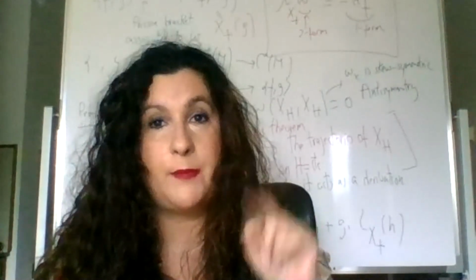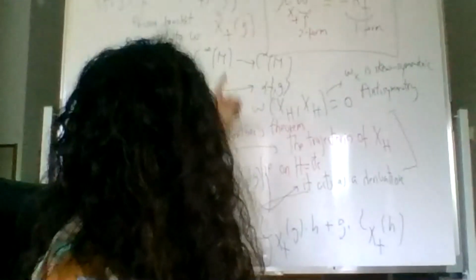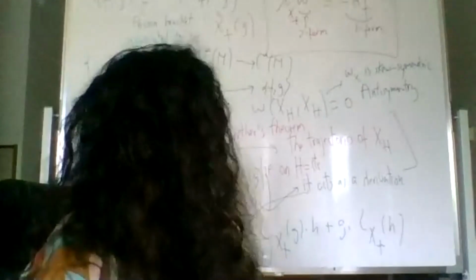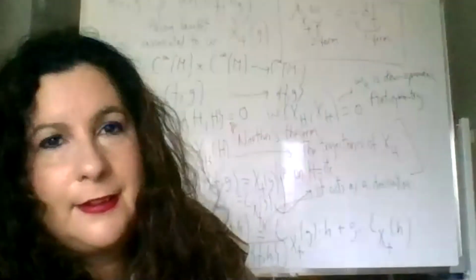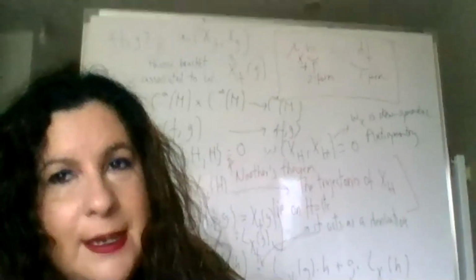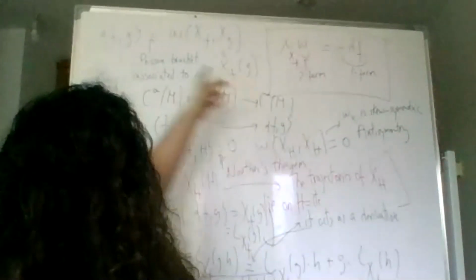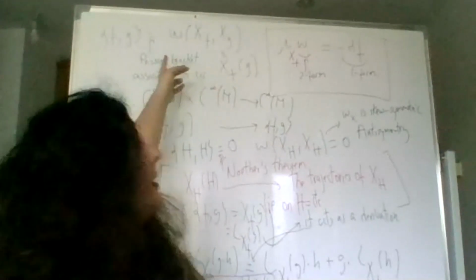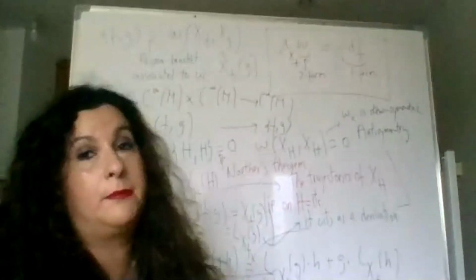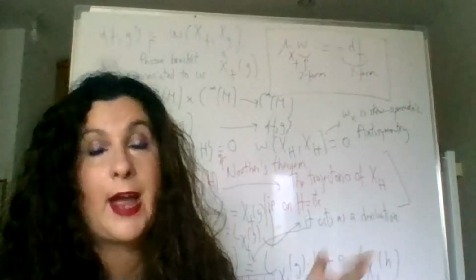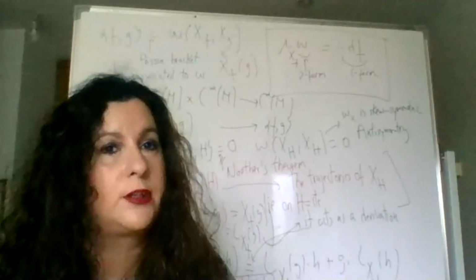It means that if I compute the Poisson bracket of two of them, which I can simply compute, and I can look back up there on my whiteboard, you can now see perfectly. If you look at this equation up there, it defines the Poisson bracket in terms of the symplectic form and the Hamiltonian vector fields. Therefore, it's a computation to check whether or not two functions Poisson commute.